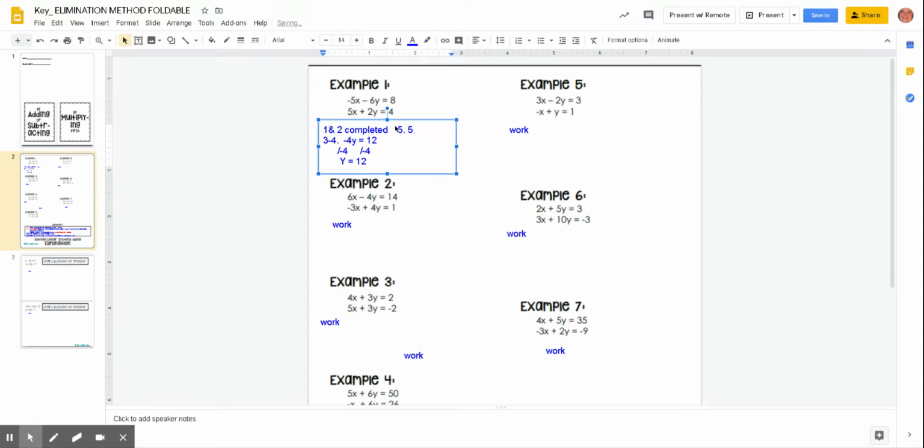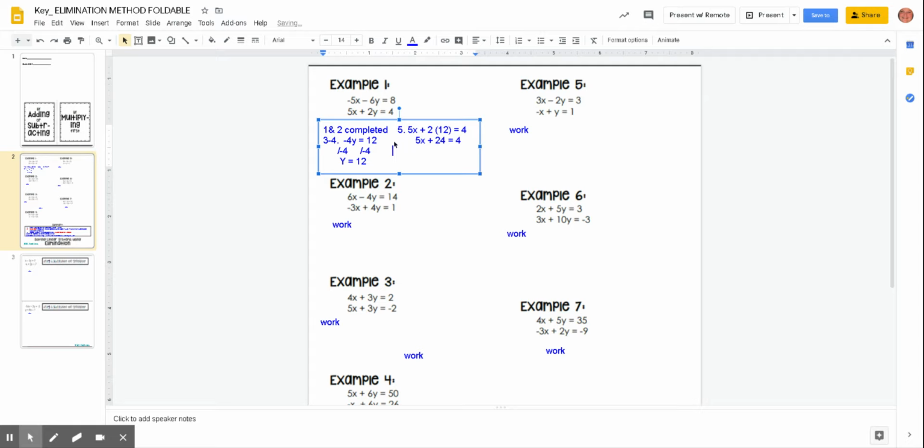So 5x plus 2 times 12 equals 4. So I'm still going to have 5x. 2 times 12 is 24, equal to 4.